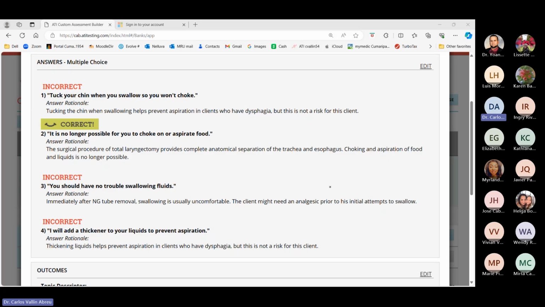It happens to people who had larynx cancer. So when this client is eating, there is no way for the food to go to the trachea. So there is no need for any of these precautions. It is a nice question, something that maybe you never thought about.